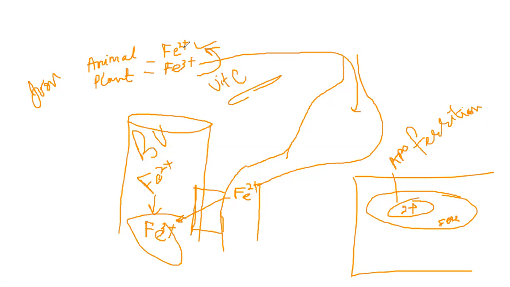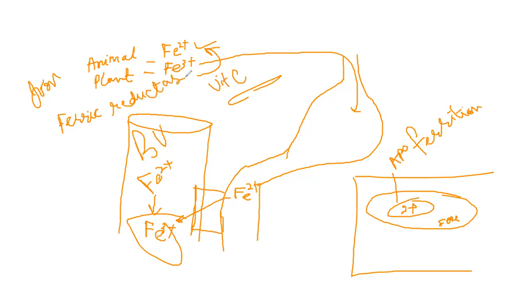This concept is very important to understand how vitamin C is working. There is an enzyme that converts this Fe3 positive into Fe2 positive, and the name of that enzyme is ferric reductase, F-E-R-R-I-C.